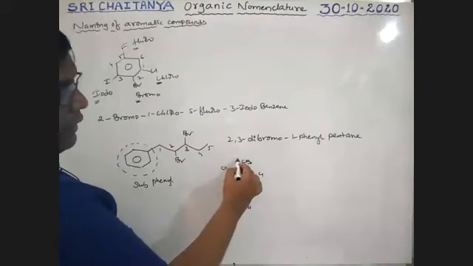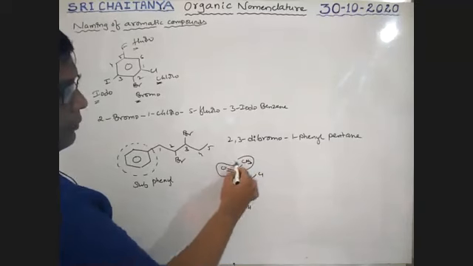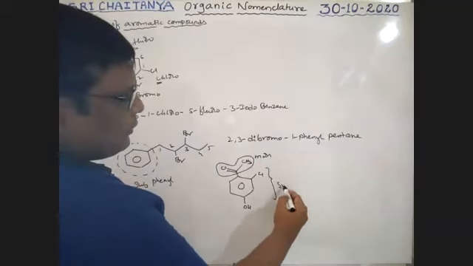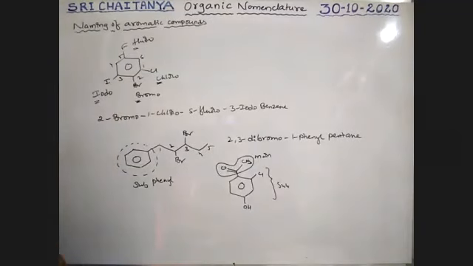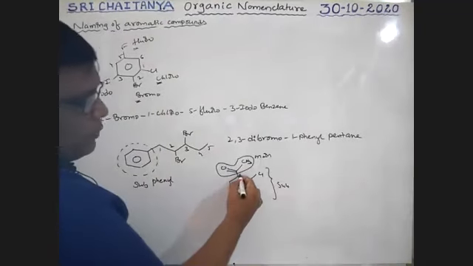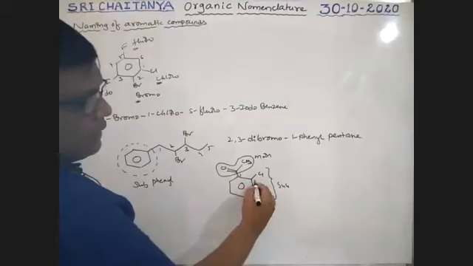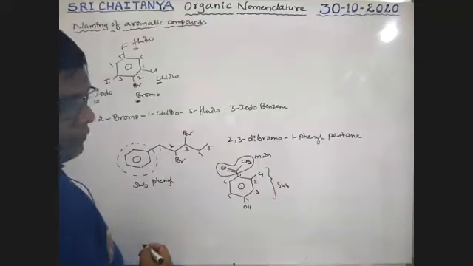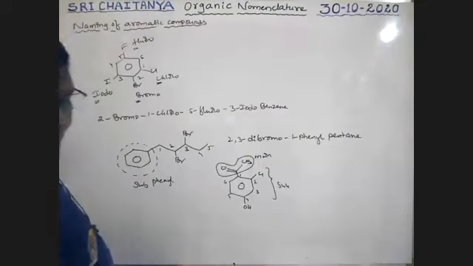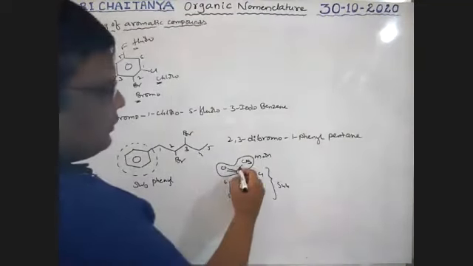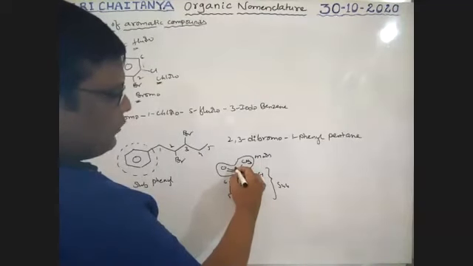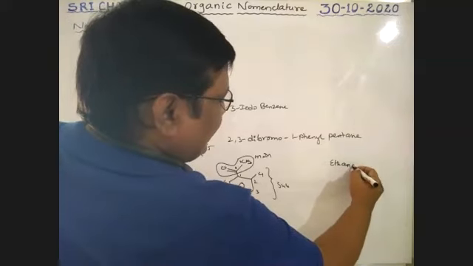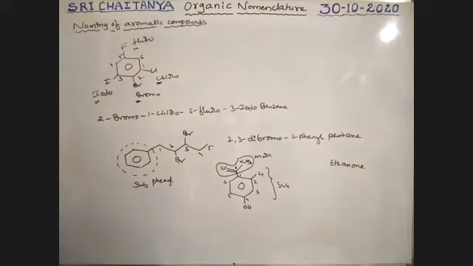So it is a major chain. This is a substituent. So this should be the first carbon, second, third, fourth, fifth, sixth. So therefore, what is the name of this compound? Actually, it is the main chain. It is first carbon, it is second carbon. That is eth, an, on, ethanone.